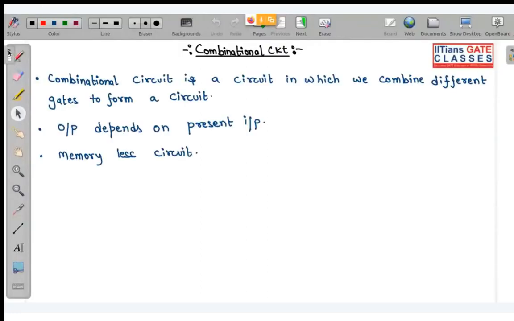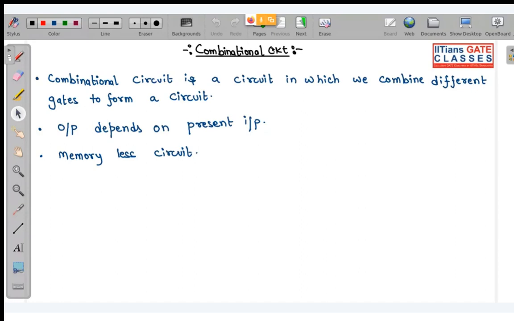Now let us start combinational circuit. What do we mean by combinational circuit? A combinational circuit is basically a circuit in which we connect different gates to make a circuit that serves a purpose.